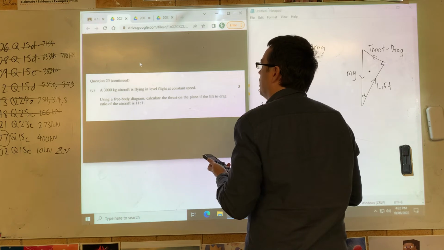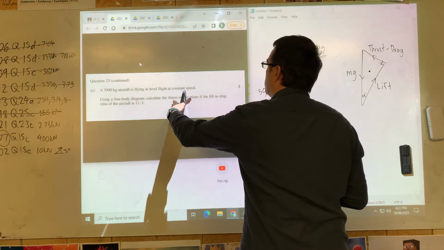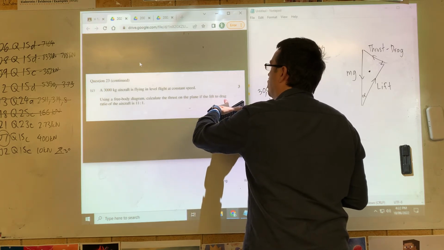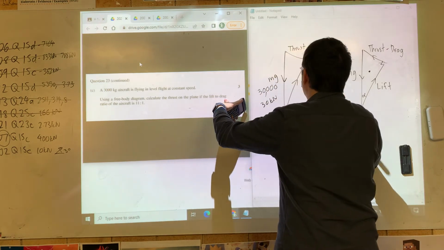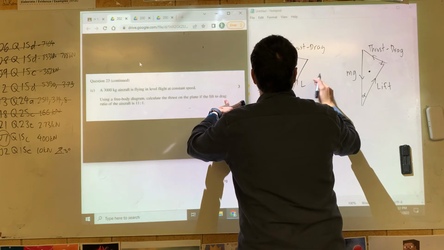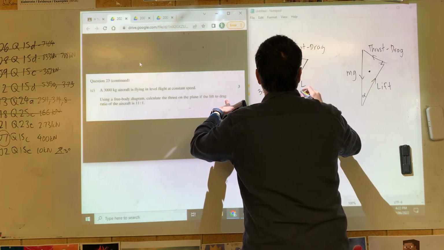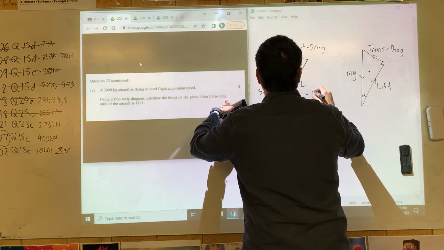Okay, so we know that this lift is equal to 11 drag.